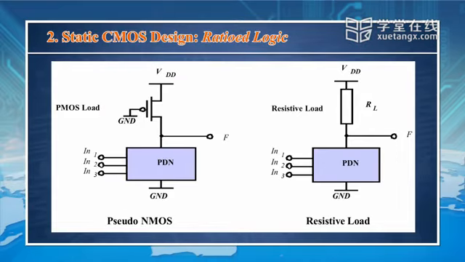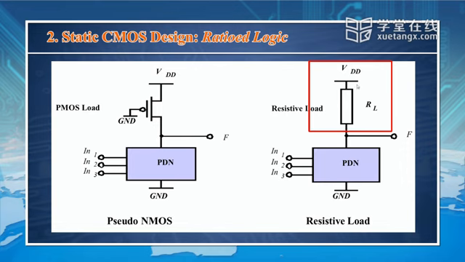I gave you the symbol of the ratioed logic. In this case, we have a PMOS transistor serving as the load device, with the input of the PMOS transistor connected to ground. And this is the pull-down network. Same idea here, we can have another one.